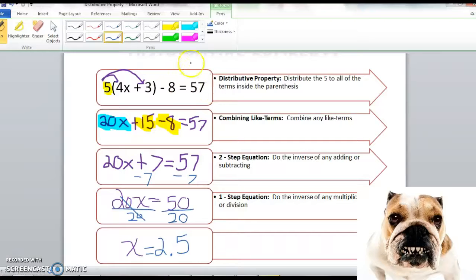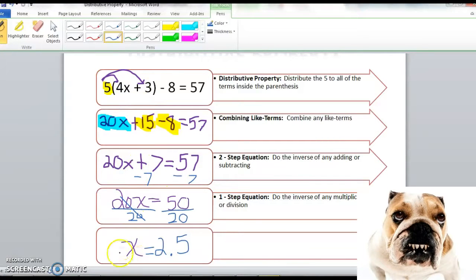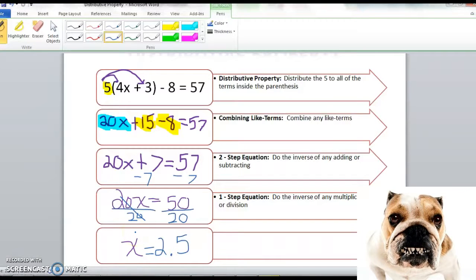So as you can see, we started here and we've found x. That's what our end result is. We go through all of these steps here in order to isolate the variable or to get x by itself.